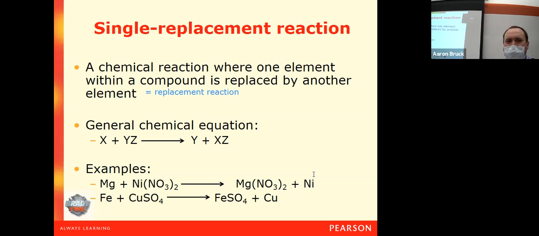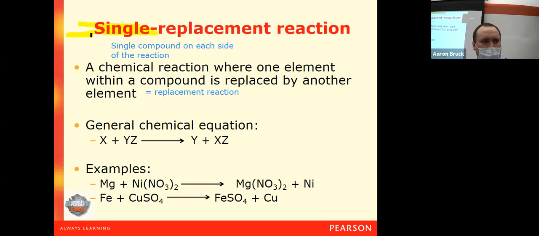Now, the difference between the two is all about how many compounds are present in the reaction itself. A single replacement reaction has a single compound on each side of the reaction. That's what makes it single replacement. And you can probably guess that the double replacement reaction has two compounds on each side. That's why it's called double replacement.